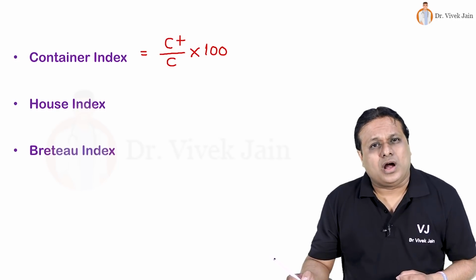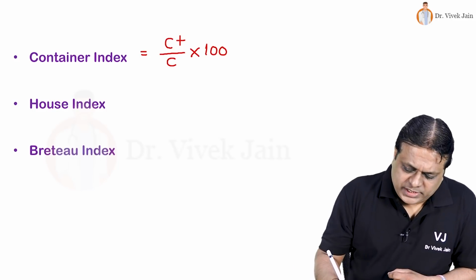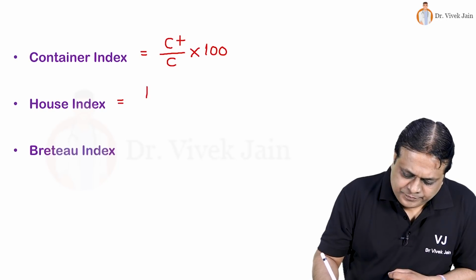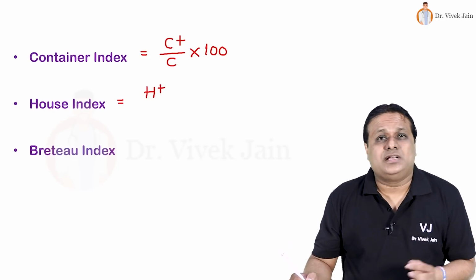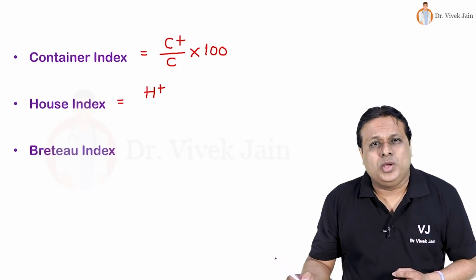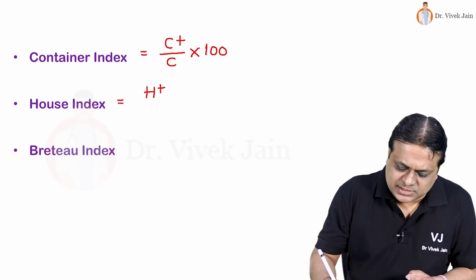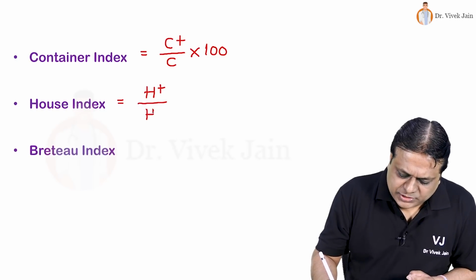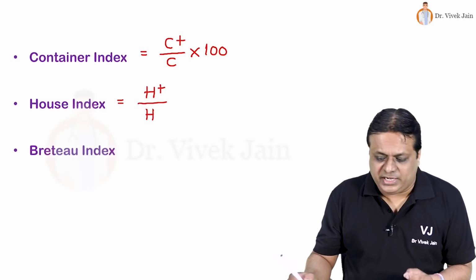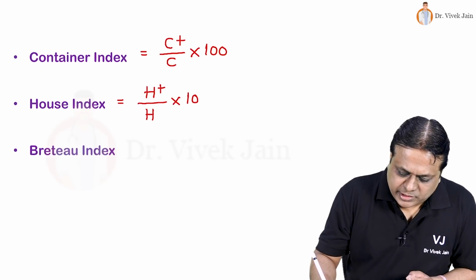Very similar to house index also. House index is given by the formula H plus, houses which show breeding of Aedes aegypti larvae within their premises, divided by H, total houses surveyed, multiplier is 100.